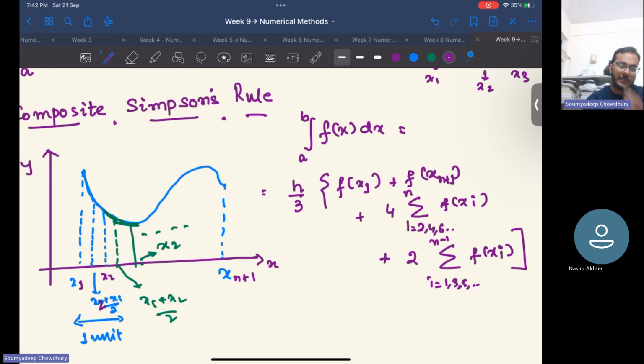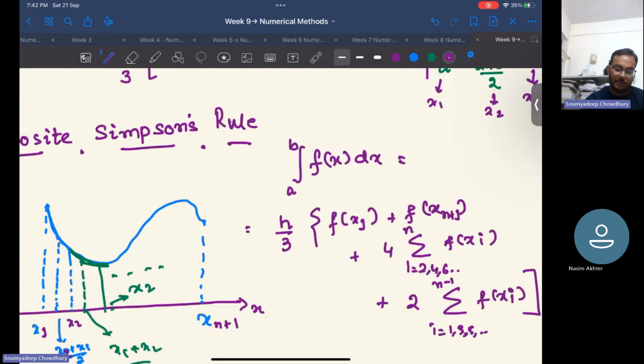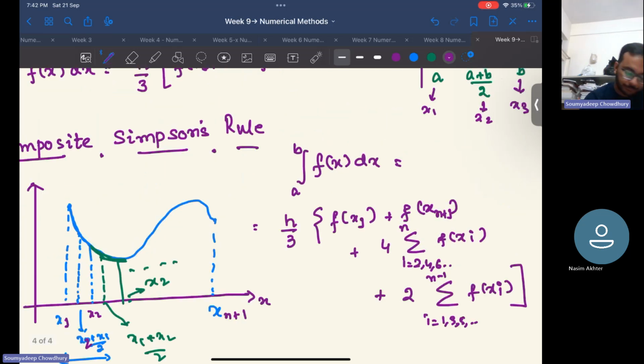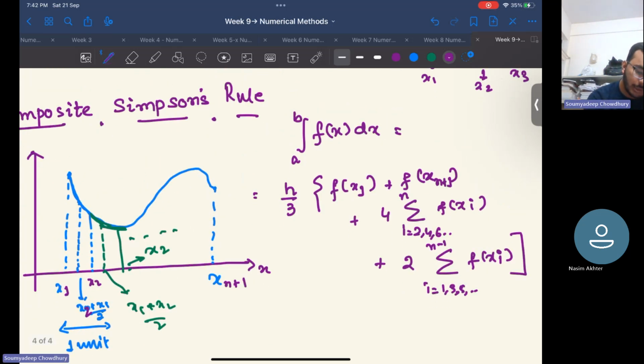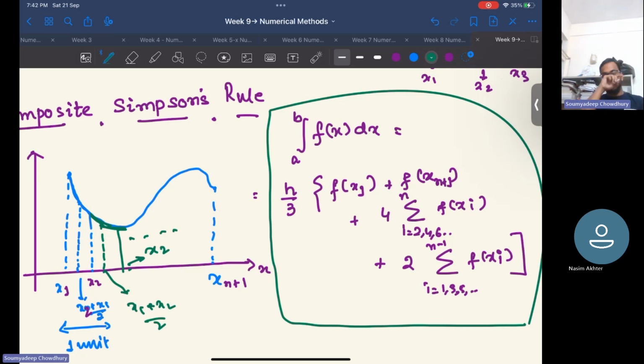So if you just apply the above formula to each of these subunits and then sum up, we will basically get this formula. So this is the Simpson's 1/3 rule for calculation of numerical integral. This is the formula.